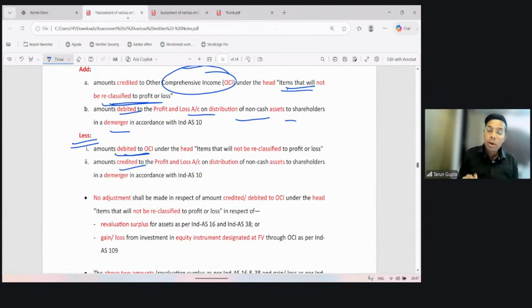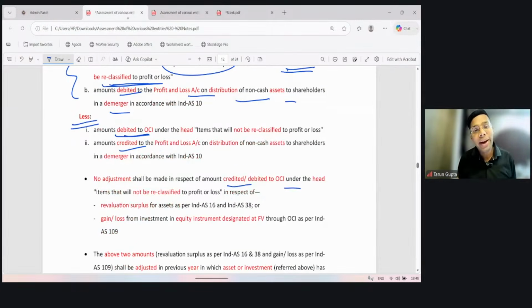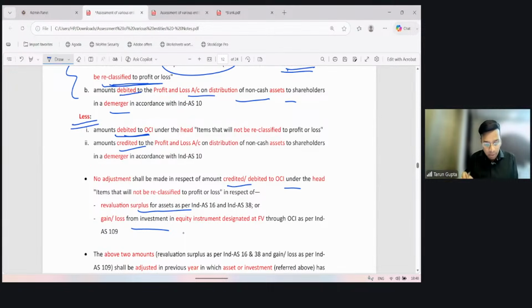Okay. Even in respect of these two items, no adjustment is to be made if any amount is credited or debited to OCI under the head items that will not be reclassified, in respect of revaluation surplus of assets, or gain or loss from investment in equity instruments designated at fair value through OCI.